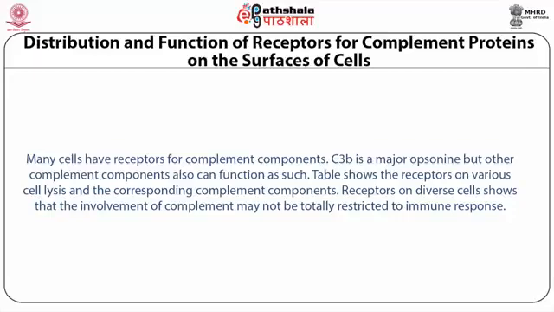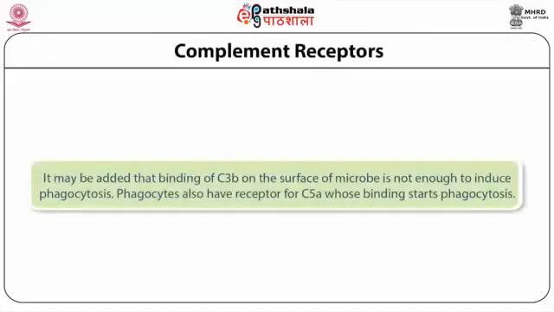The table also shows the receptors on various cells which are lysed, and the corresponding complement components. Receptors on diverse cells show that the involvement of complement may not be totally restricted to immune response.